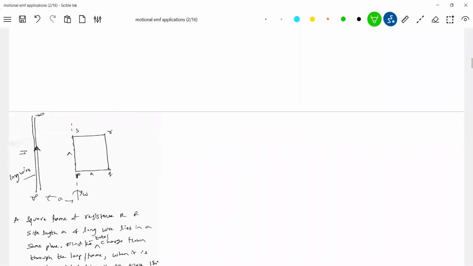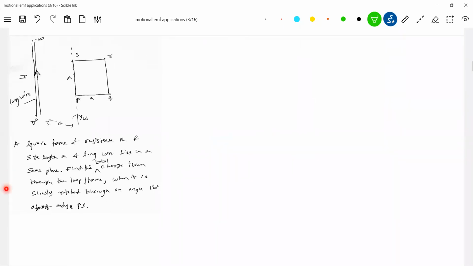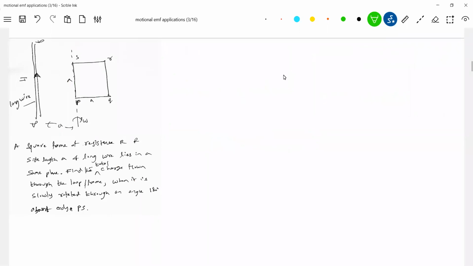Okay, let's take another one. That is very simple and very important. There's a square frame. Read the question. Meanwhile, I'll construct the diagram.